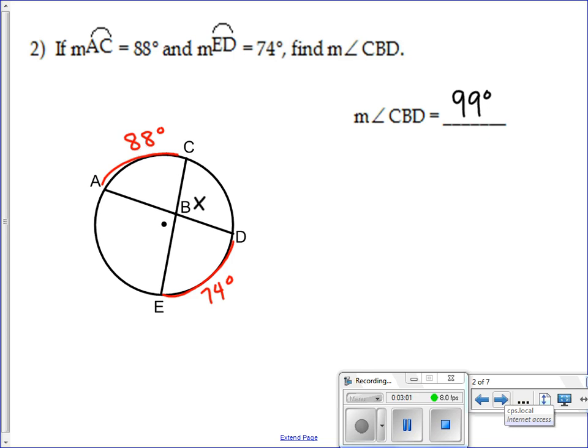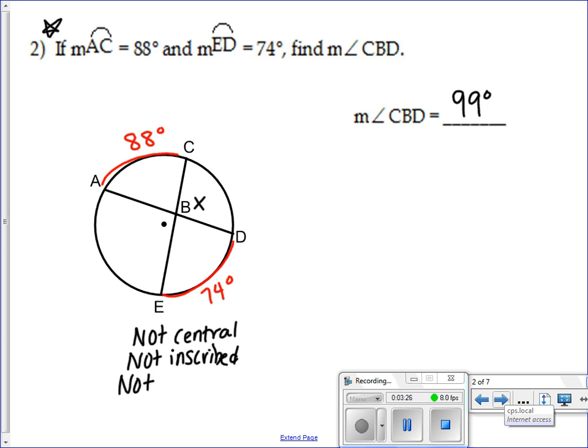This was actually a very common missed quiz question. So let's talk about this one. When you look at angle CBD, it's not a central angle, not inscribed, and it's also not a circumscribed angle.